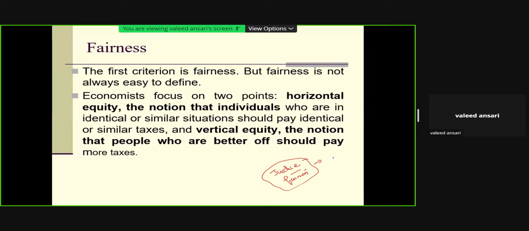So fairness does not mean black and white, like fair and lovely cream. Fair means that if you and I are similar in every respect, you and I should be taxed equally. If you and I are different, we should be taxed differently.